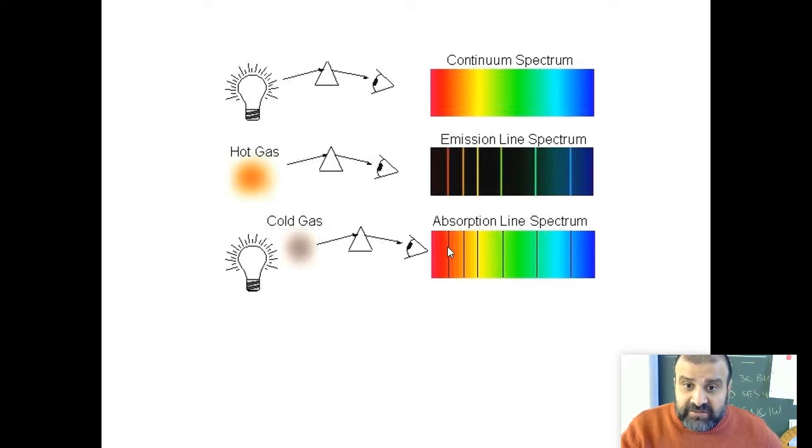Right? These absorption lines, which we can see correspond to the emission line spectrum above, these absorbed lines tell us what elements are in the atmosphere of the star. So we can learn a bit about the elements.